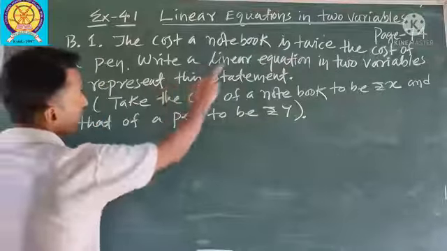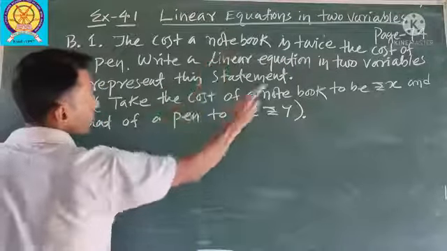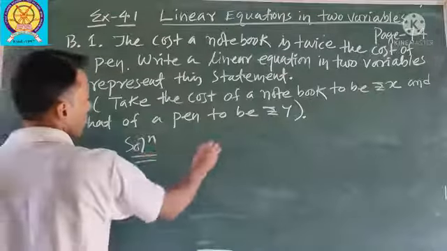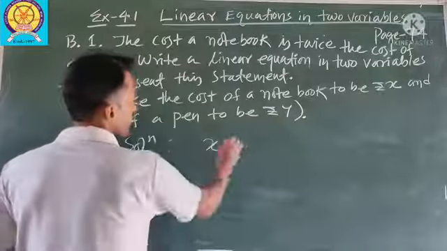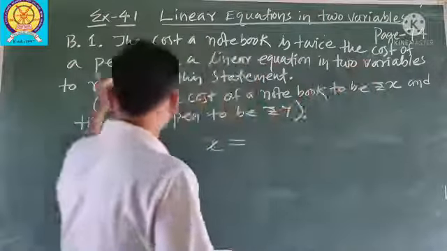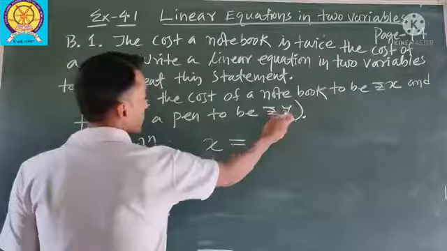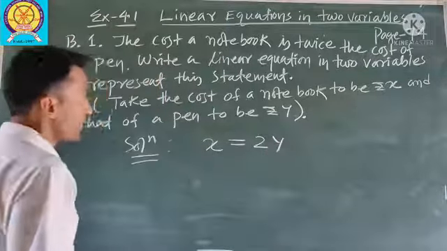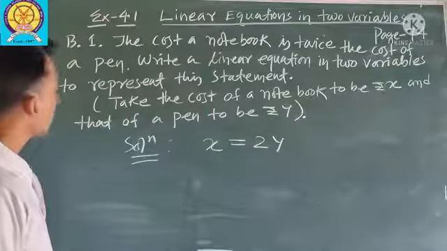So the cost of a notebook, how much? The cost of a notebook is rupees X, is twice the cost of a pen. The cost of a pen, what? Rupees Y, twice the cost of a pen.